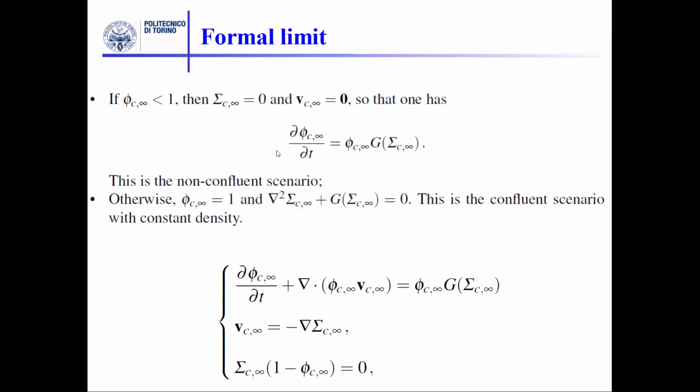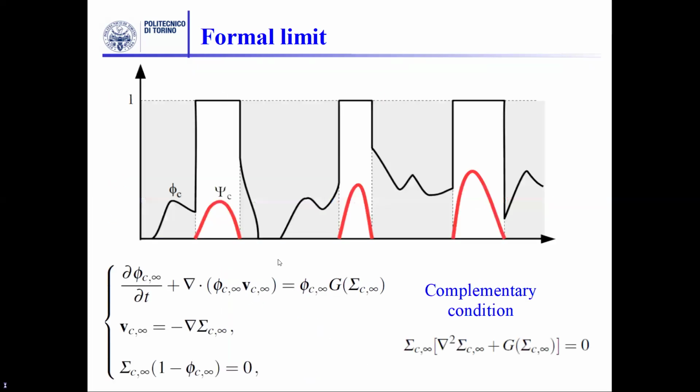And the evolution equation is just an equation in which you don't have any divergence. It's this equation. If instead you are in the other case, phi c equal to 1, then the equation that governs sigma is a Laplace equation: take the divergence of the gradient of sigma c infinity, and you have a growth term. So after all, the picture is the following. This is what happens.